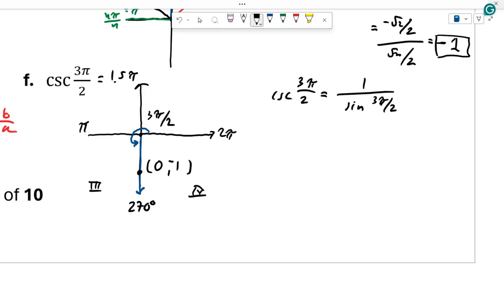So I want 1 over the sine of 3 pi over 2. Sine is your y coordinate, right? So this is x, this is y. So I've got 1 over my y coordinate at 3 pi over 2 radians, which is negative 1. So we've got 1 over negative 1. Well, you bring the negative out front, then you've got 1 over 1, so that's obviously just negative 1. So the final answer for cosecant of 3 pi over 2 is negative 1.